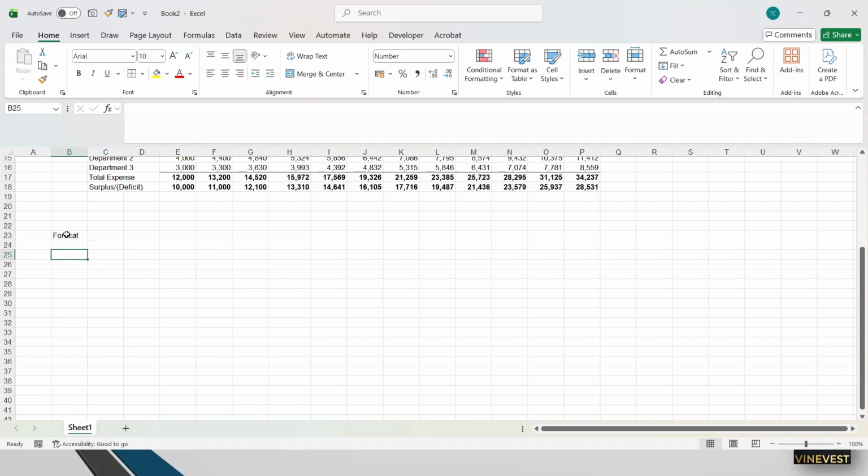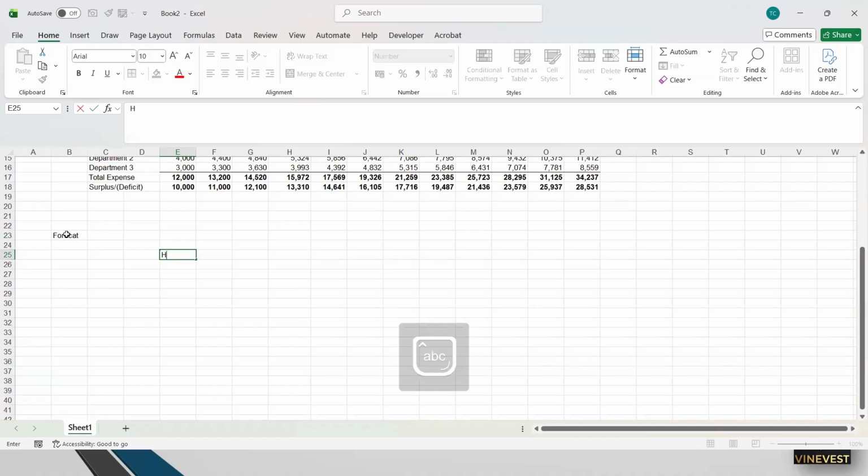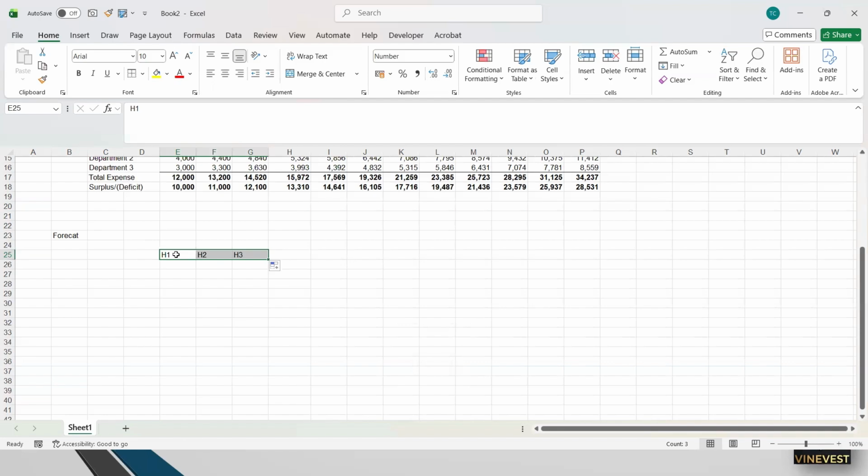In a forecast, most times you have historical figures, like year one, year two, year three. Let me just make it this way. Are you fine? Yeah, okay. Let's say you have a forecasted year.